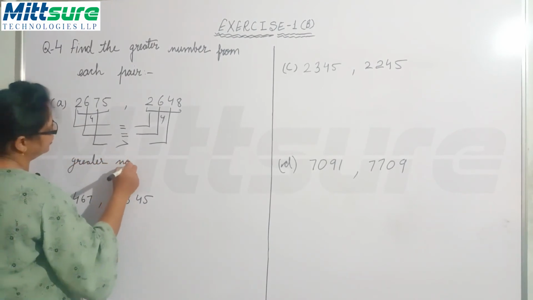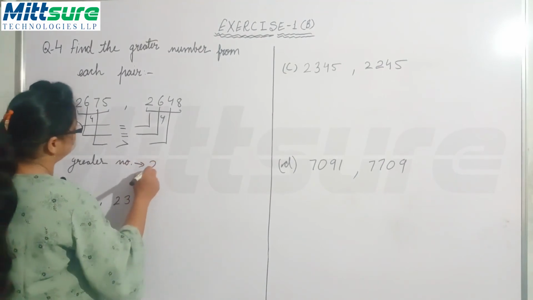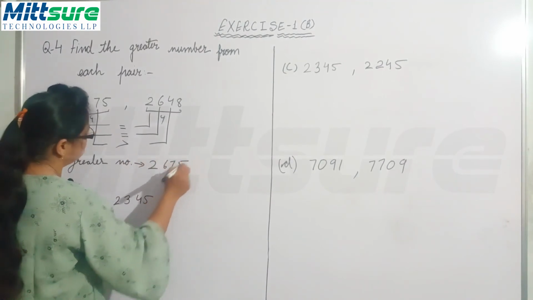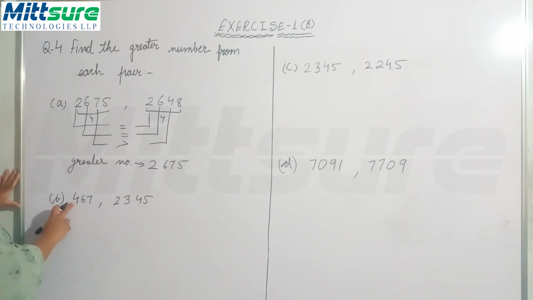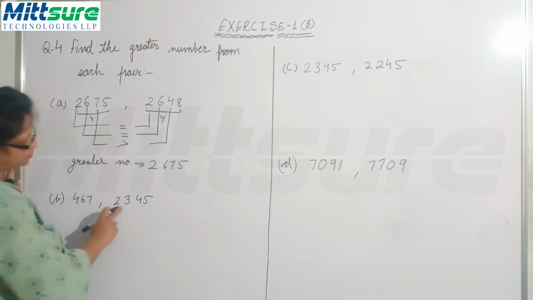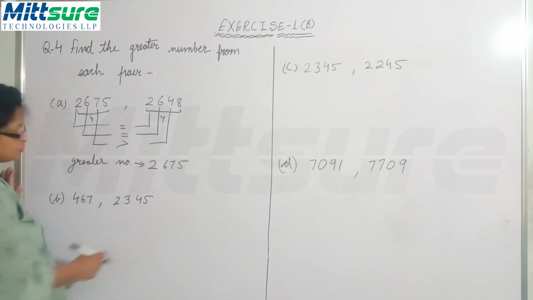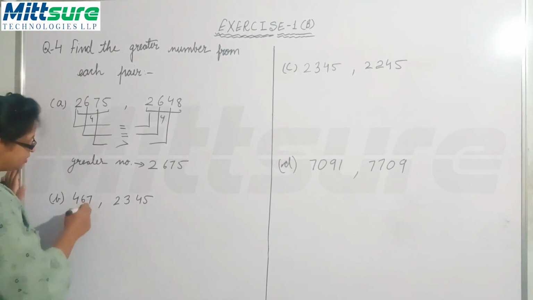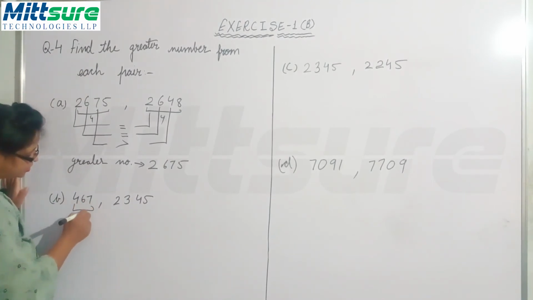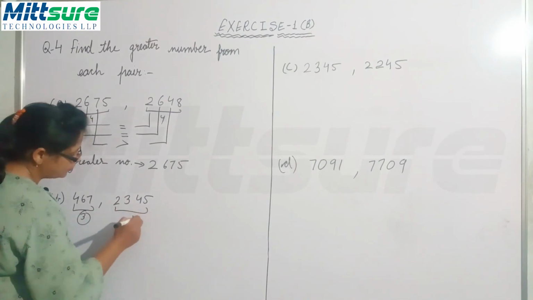So the greater number is 2,675. Our next number is 467 and 2,345. So first we have to compare the digits. This number has 3 digits and this number has 4 digits.